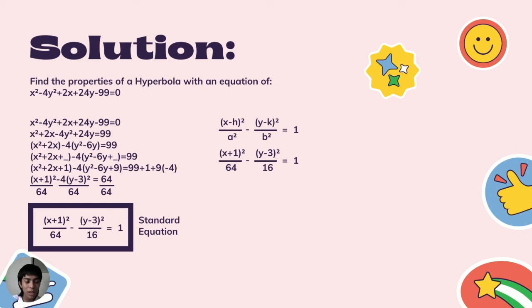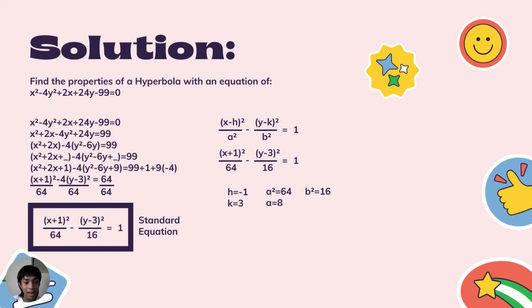Now, we will use this equation to find the h, k, a, and b values. Given that equation, we can say that h is negative 1 and k is 3. To find a, a squared is equal to 64. We find the square root of both sides, so a is equal to 8.